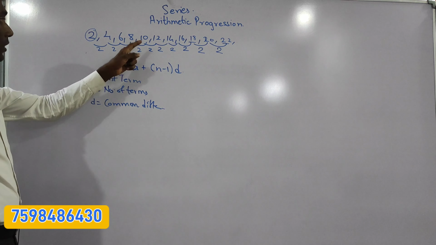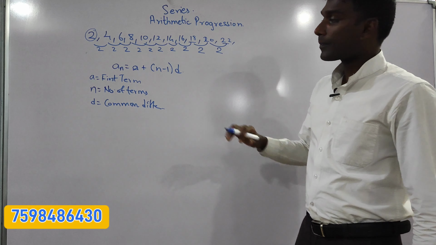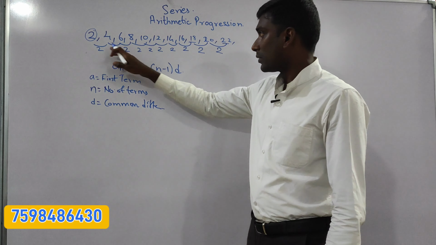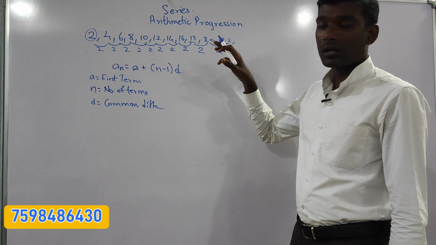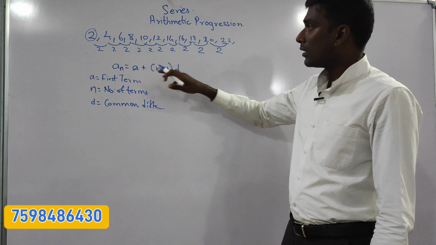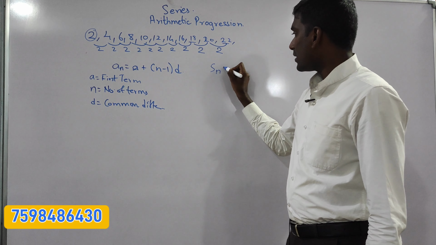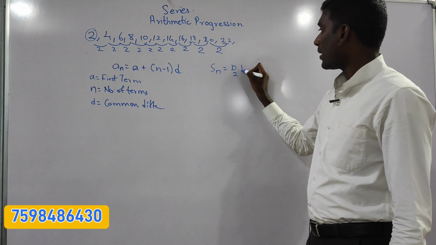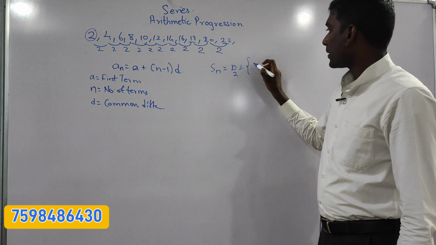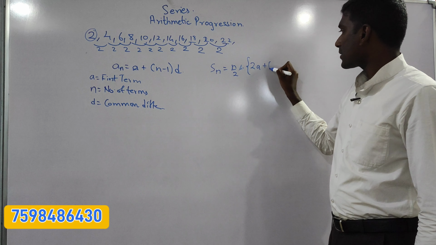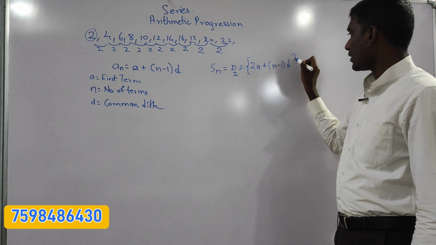Fine. The next kind of questions will be asked on what is the sum of all this series, like total the first 10 terms. This is the first term, second term, third term, fourth term, fifth term. What is the sum of all these values? So here the formula is Sn is equal to n by 2 into bracket 2a plus n minus 1 into d.